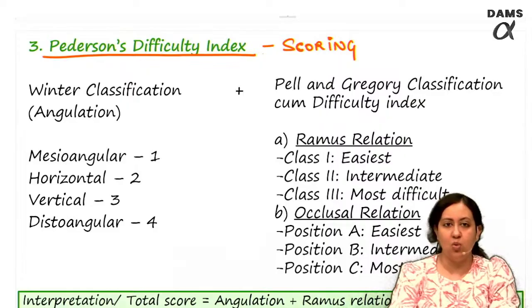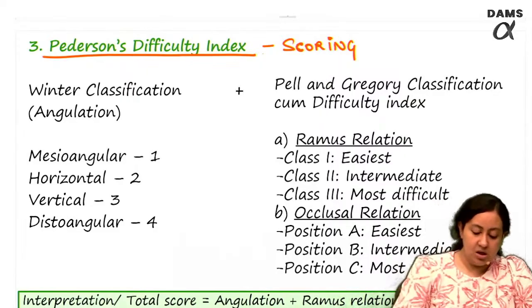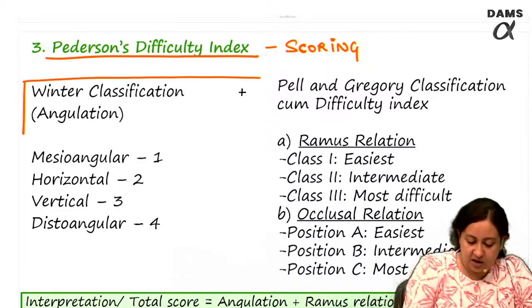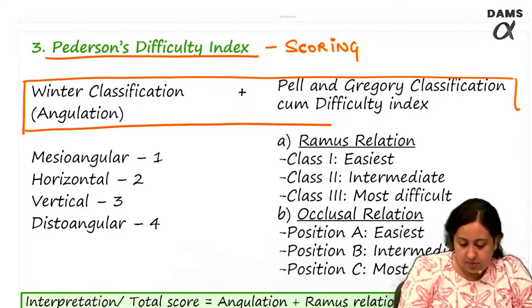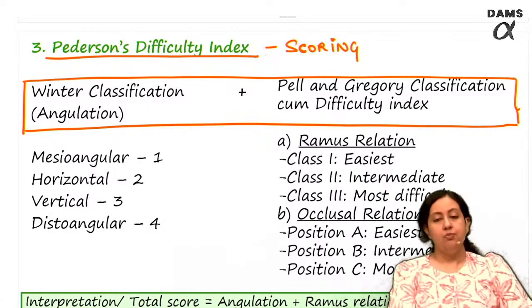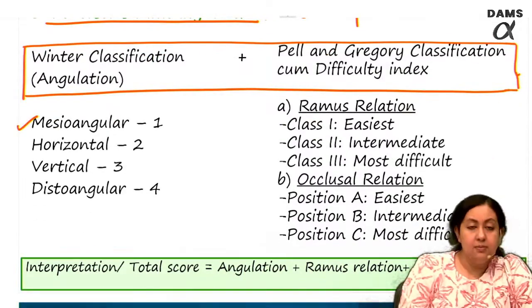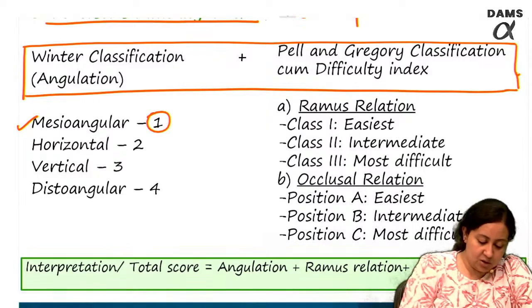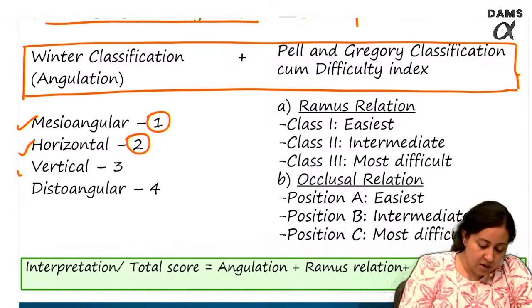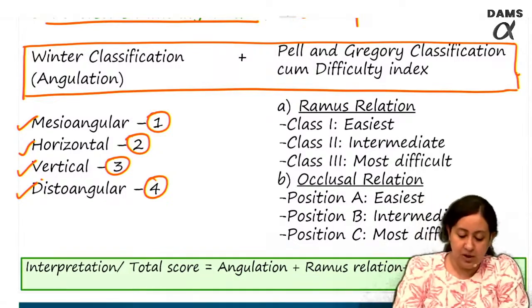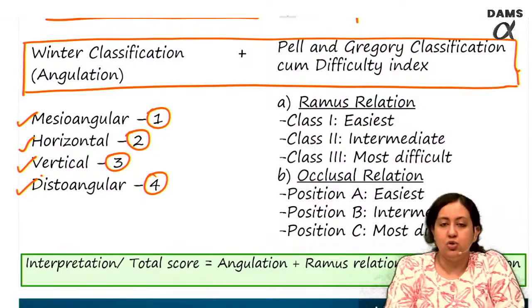What he basically did was he took the Winter's classification and the Pell and Gregory classification into account, combined these two, and allotted individual scores as per the classification. So he said for mesioangular I will give a score of 1, for horizontal a score of 2, for vertical a score of 3, and distoangular being most difficult a score of 4.